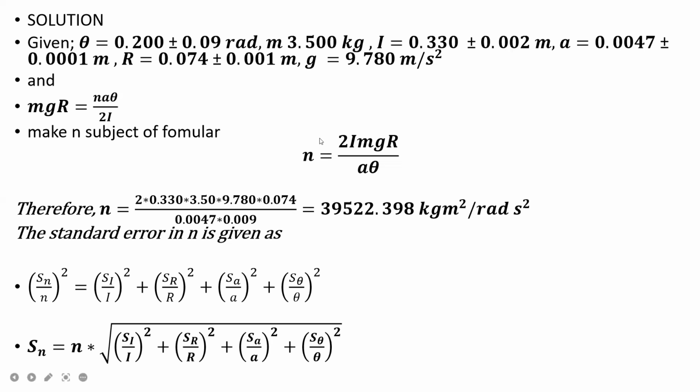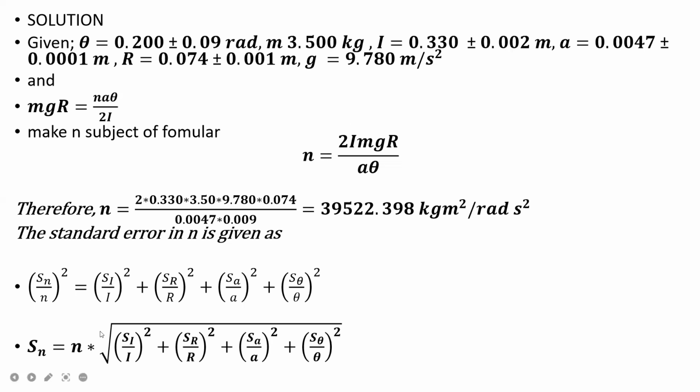Now, the standard error in n. If you take note, for your M here, there is no standard error given, so it's taken to be a constant and neglected. Our standard error for g here was not given, so we're going to neglect it. The rest of the values are the variables used in calculating our value.